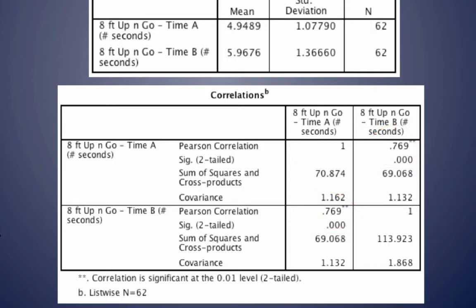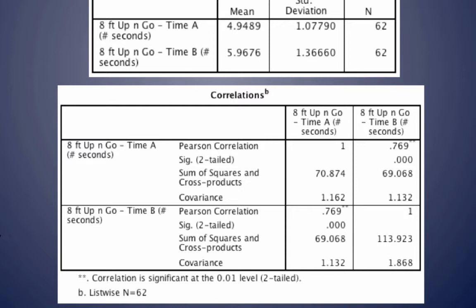So if we're just thinking about what we learned last week in terms of how do we interpret Pearson's correlation coefficient, we would say that the relationship between time point A and time point B was a strong, direct relationship. However, when we're talking about test, retest reliability, we really want to think about it a little bit differently.